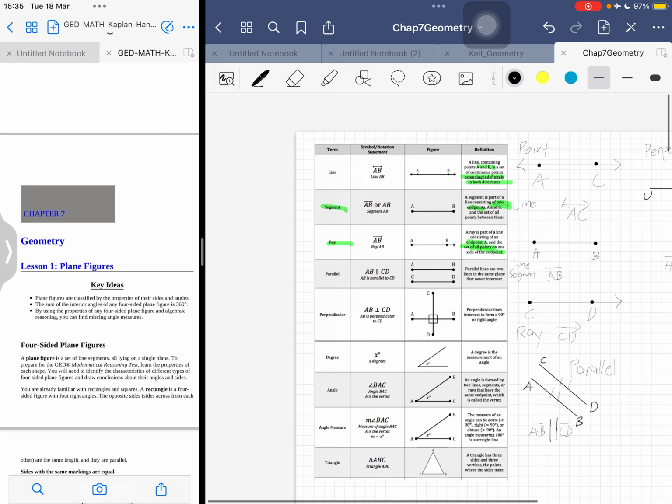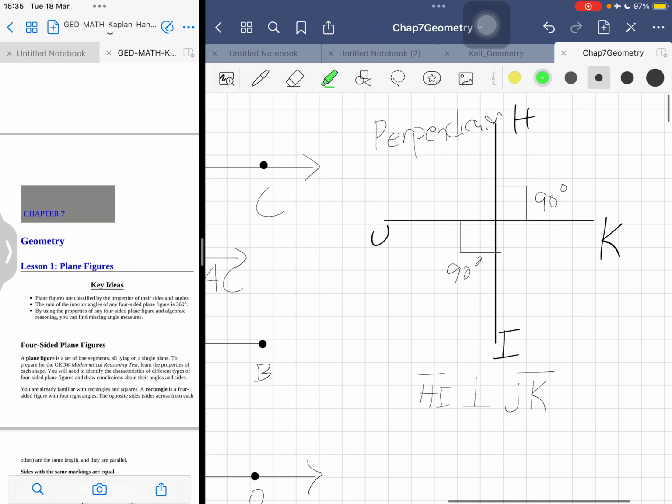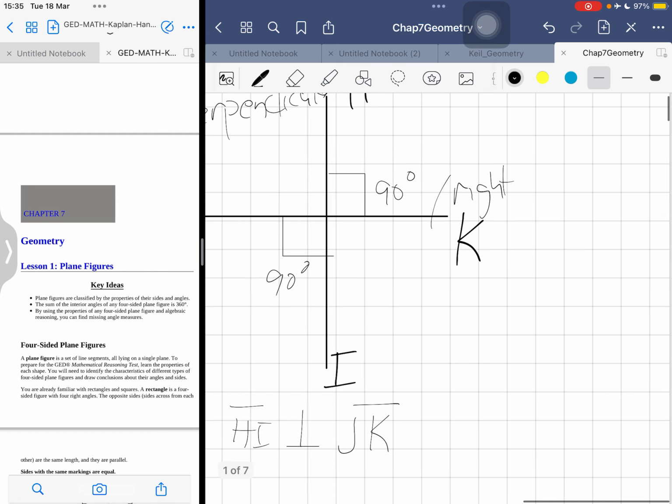Perpendicular is defined as when lines intersect to form a 90-degree or right angle. Here 90 degrees is the measurement which is called a right angle. 90 degrees, or right angle.